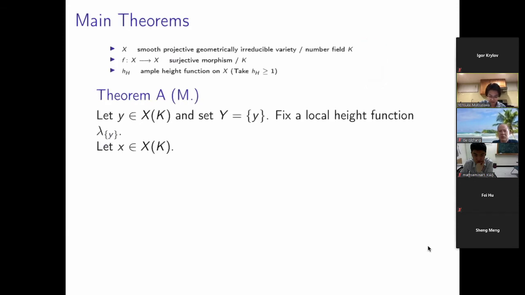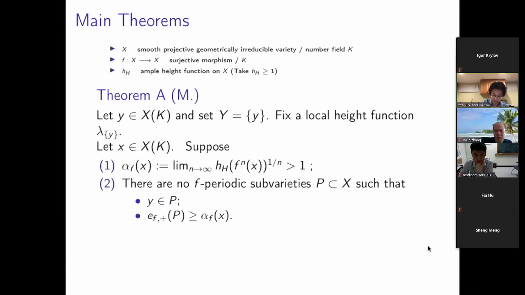The first theorem is concerning the case that Y is a zero-dimensional subvariety. So let's take a point Y. This is a rational point on X, and fix a local height function lambda sub Y. And take another rational point x that we consider the orbit of x. And suppose first that the ample height function grows exponentially.